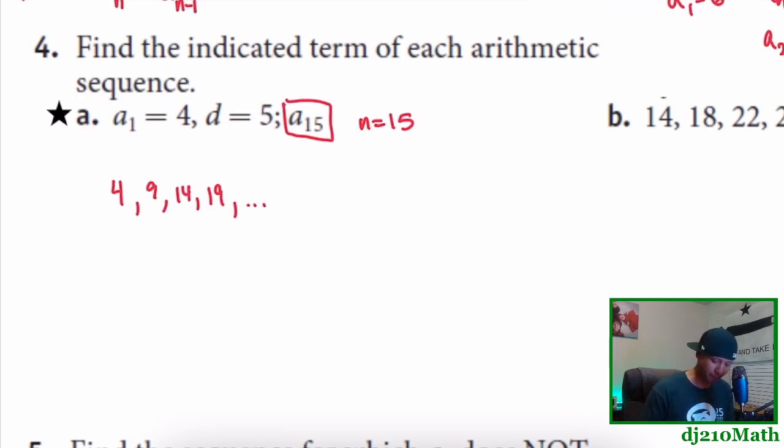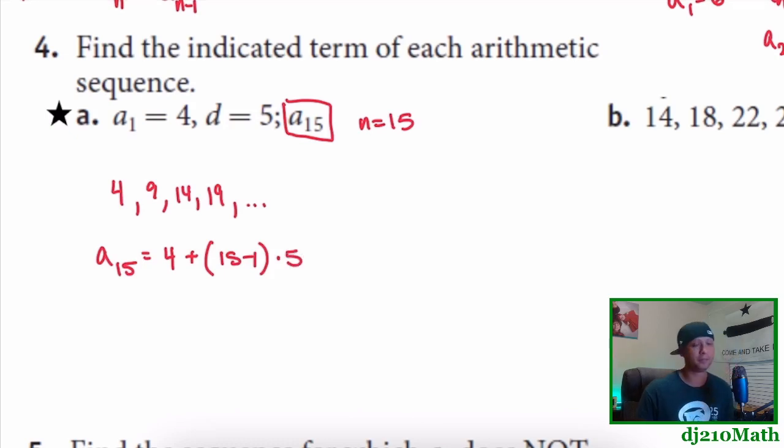So a sub n, in this case 15, is equal to the first term, 4, plus n, which is 15, minus 1, times the common difference, which is 5.